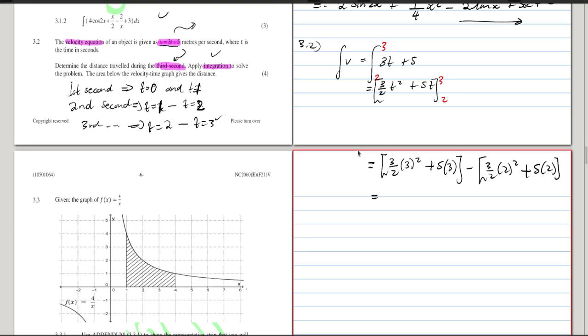This question came unexpected. We get 12.5.